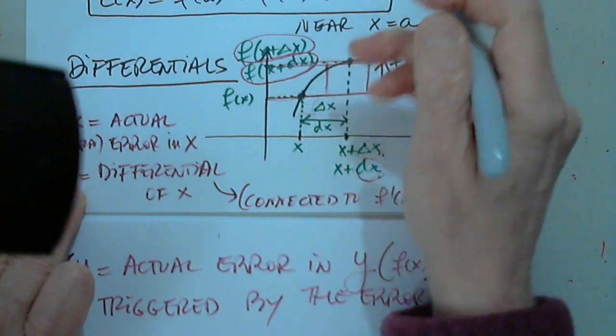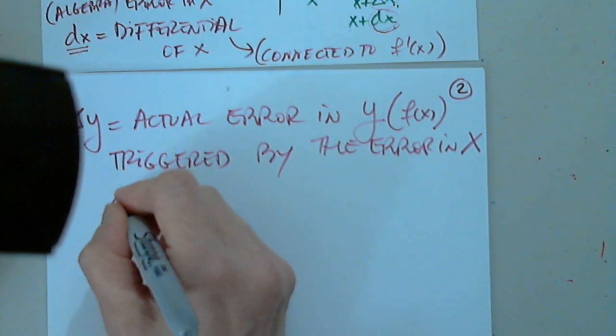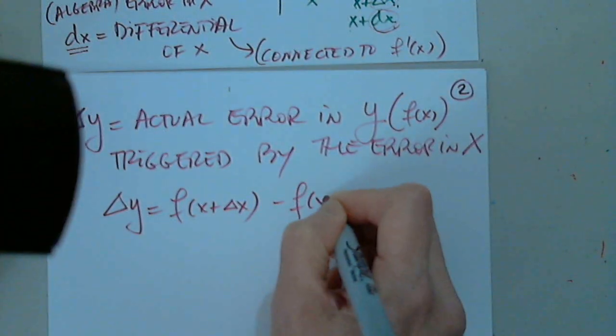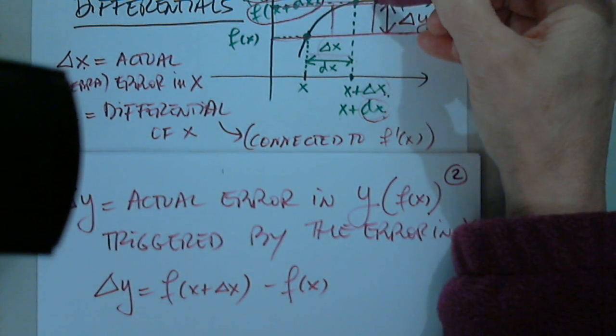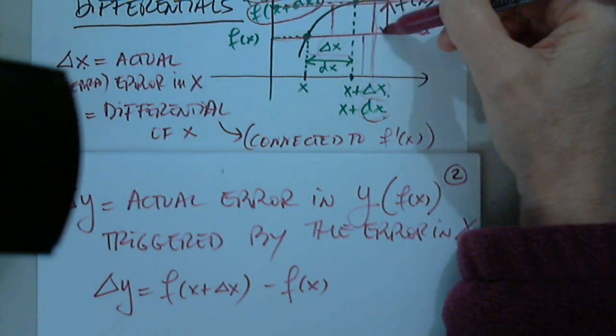And what is the formula for delta y? Delta y is f of x plus delta x minus f of x, which is this distance. This minus this is delta y.